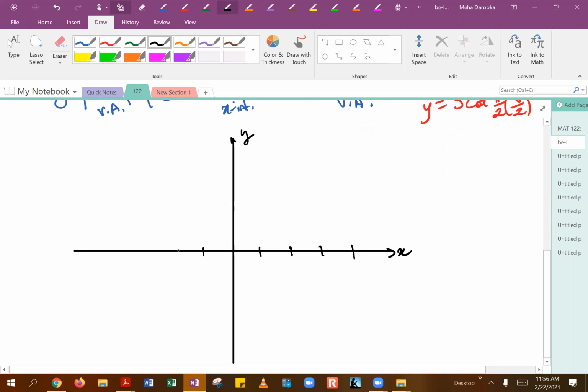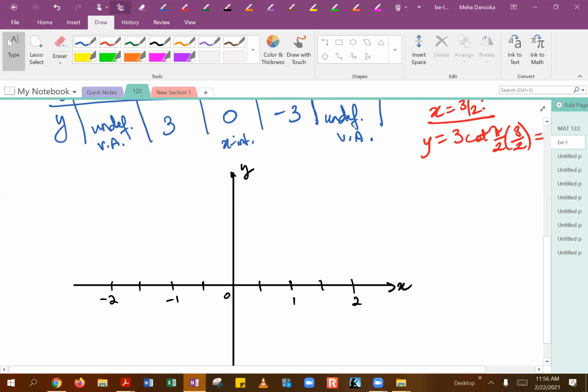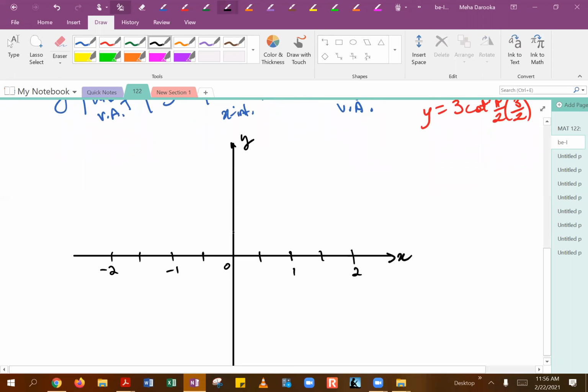And let's do the negative side. And then let's see, y values, we need to go up to positive 3 and negative 3. So 1, 2, 3, 1, 2, 3.